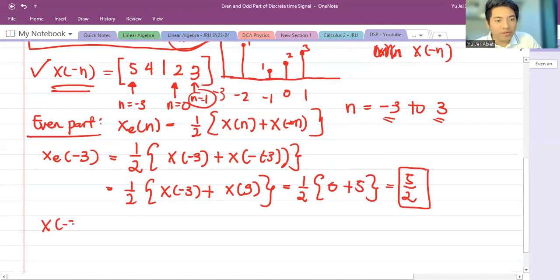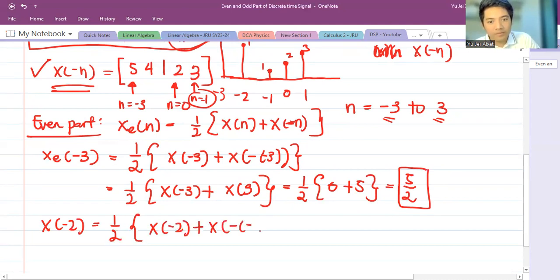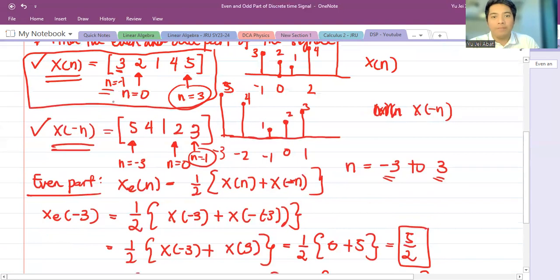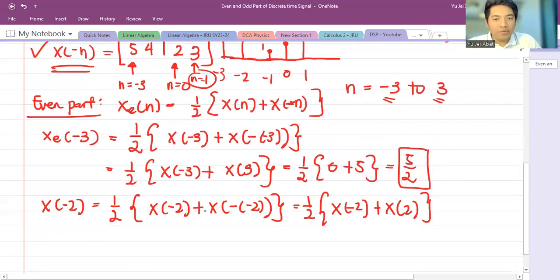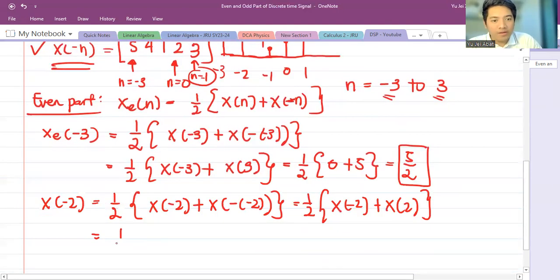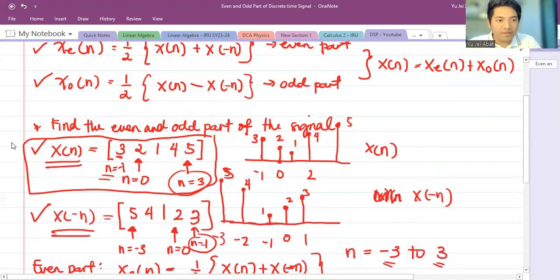So doing that for the rest of the numbers, we have 1/2 of x of -2 plus x of 2. So our reference again is the original signal. Do we have -2? We don't have. So this is our reference. Okay, don't be confused.